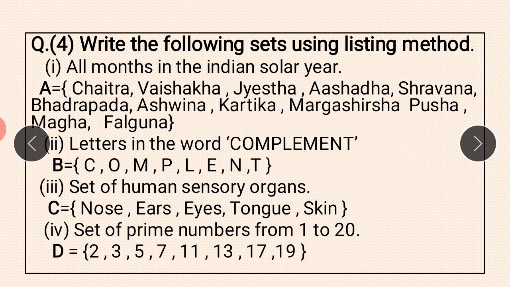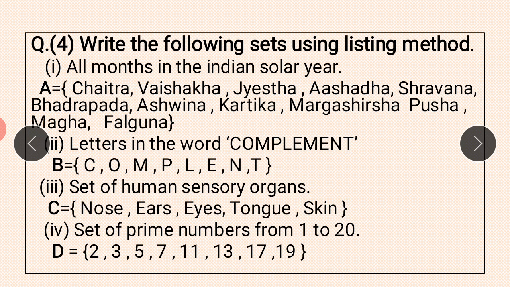See next question, question number 4. Write the following sets using listing method. First one, all months in the Indian solar year. Then capital A is equal to curly bracket.